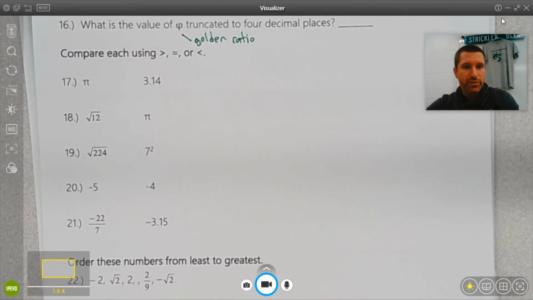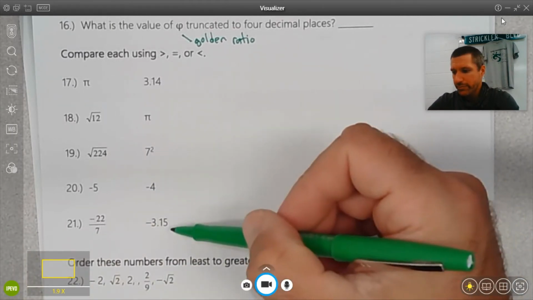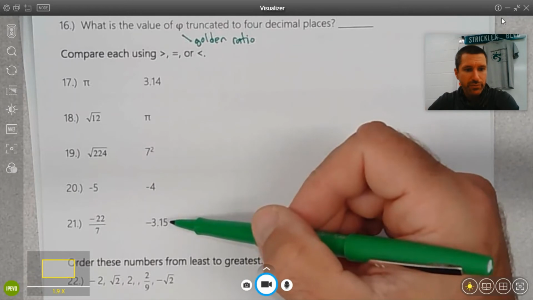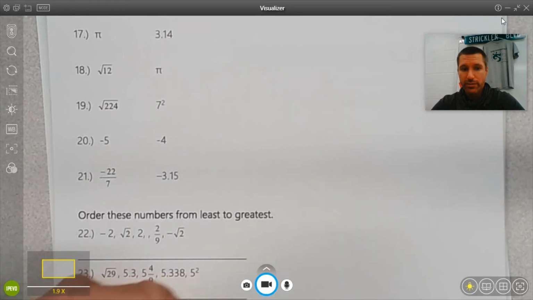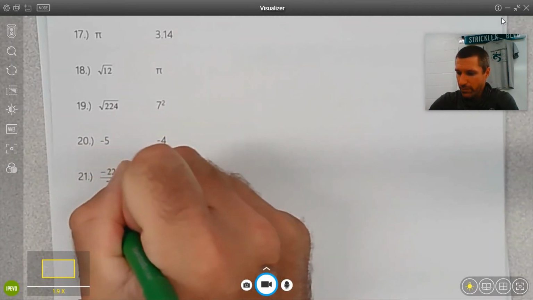Comparing using greater than, equal to, or less than. Okay, let's pick, I don't know, let's go with that one. Okay, so negative 22 over 7, obviously to compare like least to greatest, which is our previous lesson from Friday, you have to do a decimal expansion. So let's do 22 divided by 7, stick a negative in front of that. That's negative 3.14.